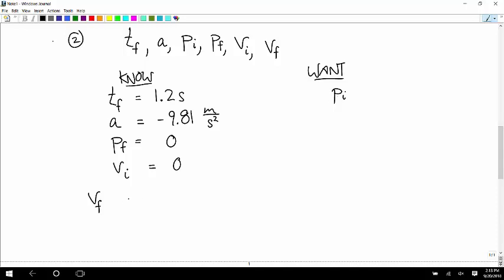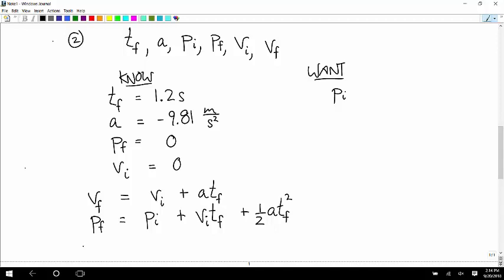So here are the 3 equations. V final is equal to V initial plus A TF. The second one says PF is equal to PI plus VI TF plus 1/2 A TF squared.